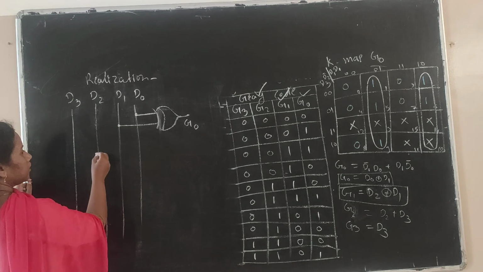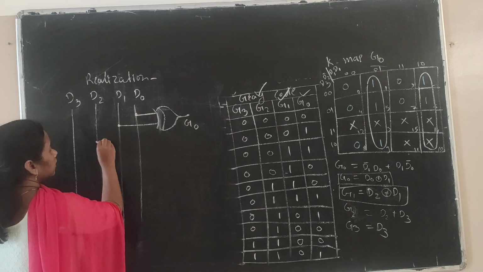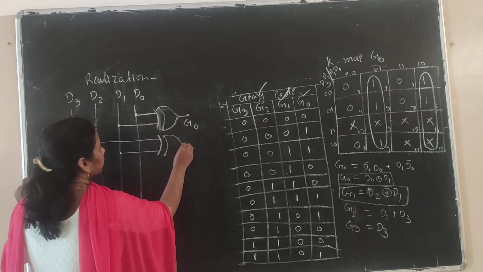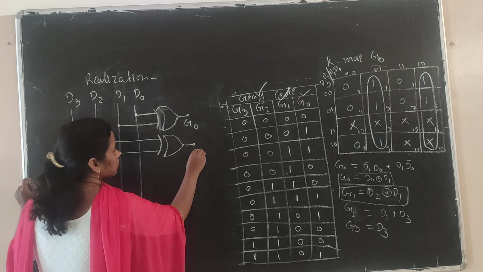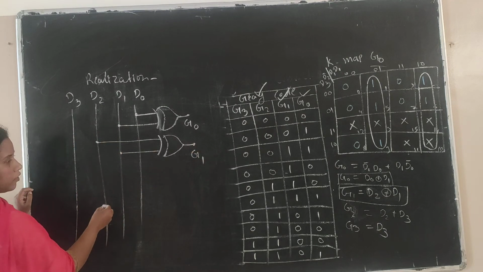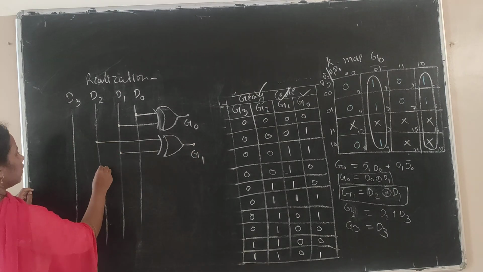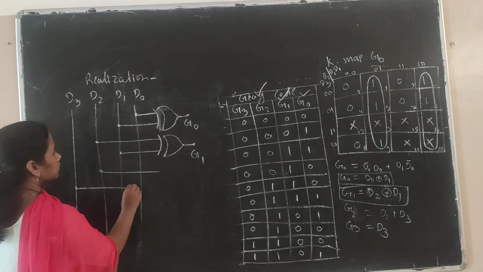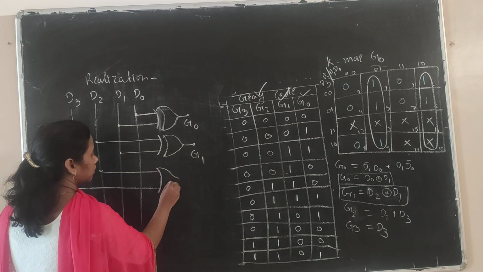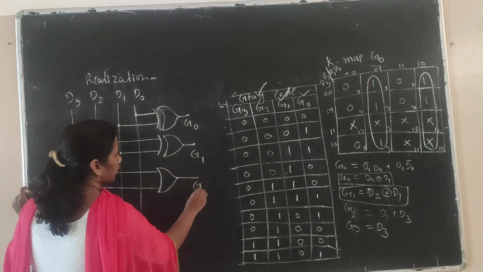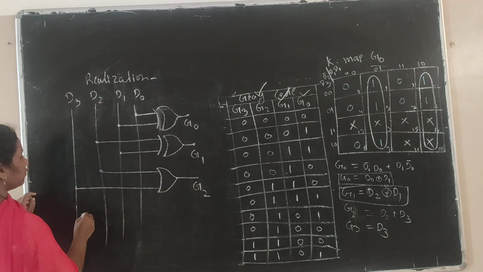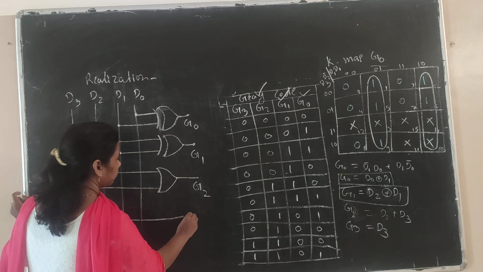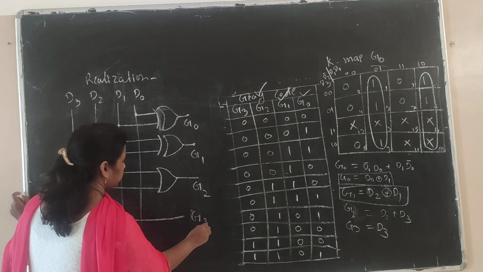Now for G1 it is D2 XOR D1, and for this OR, it is like this, G2, and G3 is equal to directly D3, and this is G3.